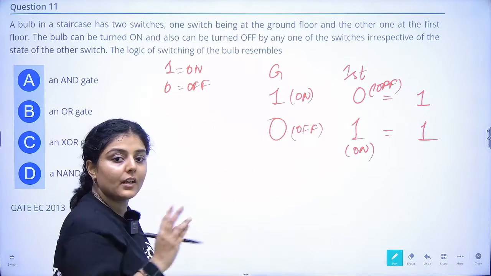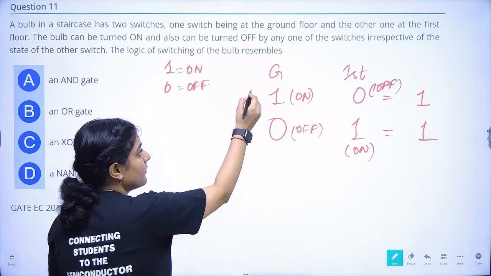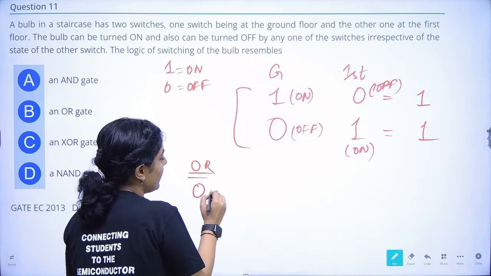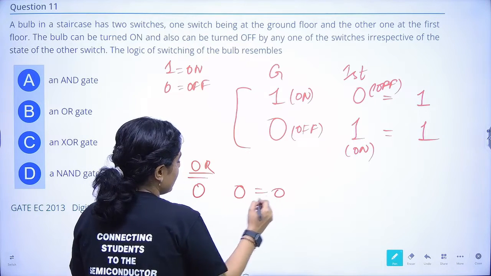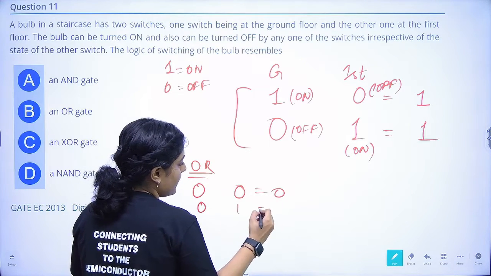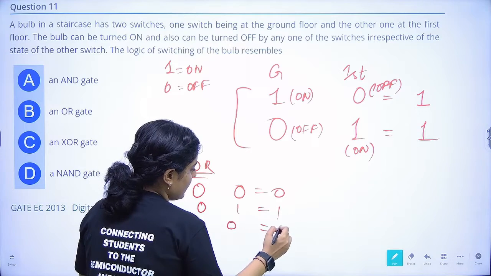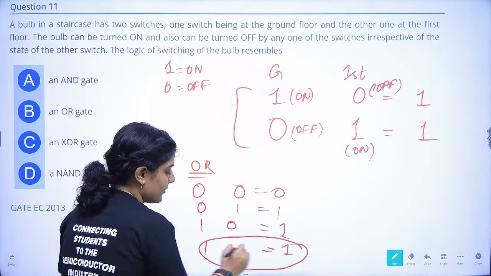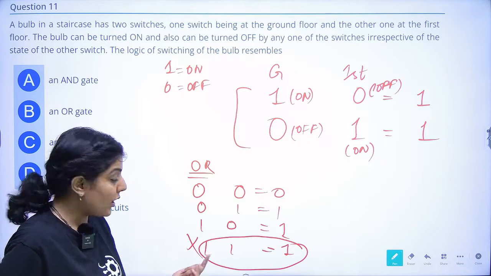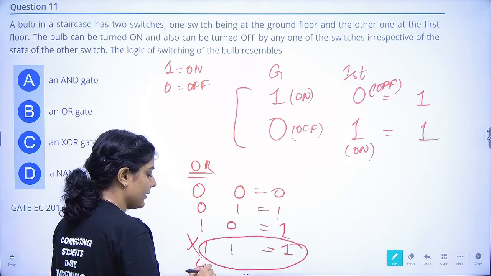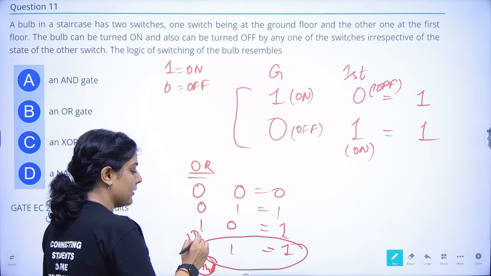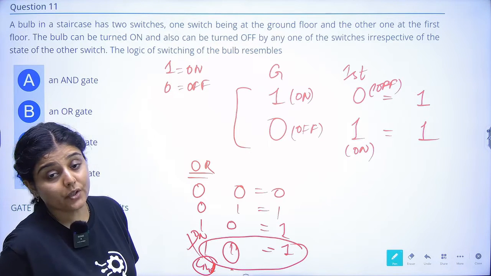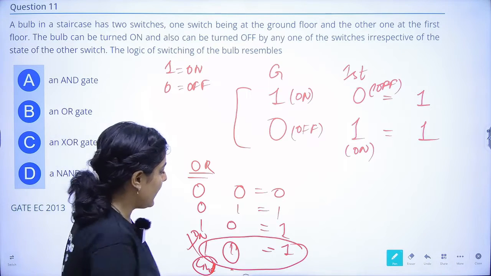In order to do the opposite operation, which logic expression should be best? We can get this from two operations. If I write the OR table, but this here is wrong, because if my ground floor switch is on, I can use the first floor switch to turn off the bulb.